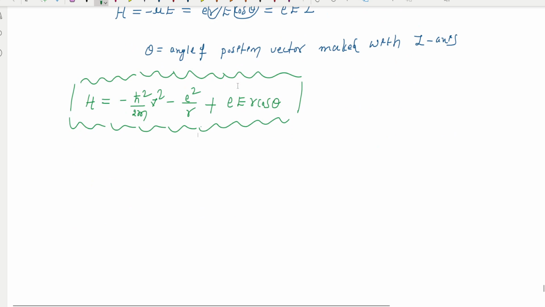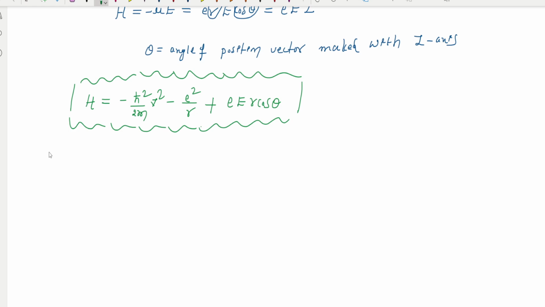Okay, this is all about explanation. Next step, we are going to calculate the energy levels of the hydrogen atom placed in a uniform electric field. Here I specifically mentioned uniform electric field. Remember that word, uniform electric field.